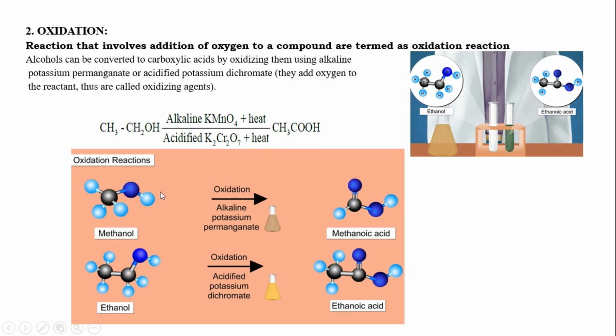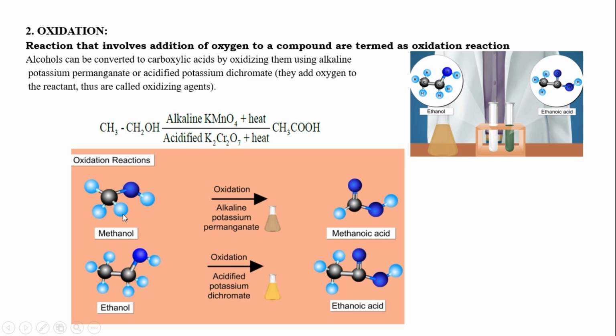Here are some more examples related to methanol. Again oxidation with potassium permanganate as an oxidizing agent. Remember that the number of carbon atoms remains the same. The only thing is that there is a change of bond formation with respect to hydrogen and the alcohol functional group. So methanol is getting converted to methanoic acid.